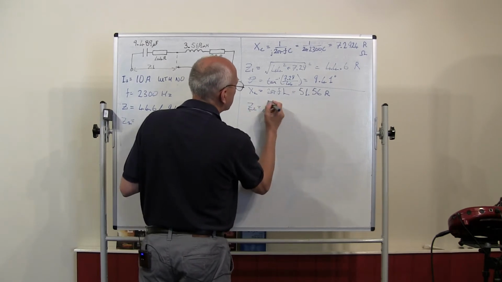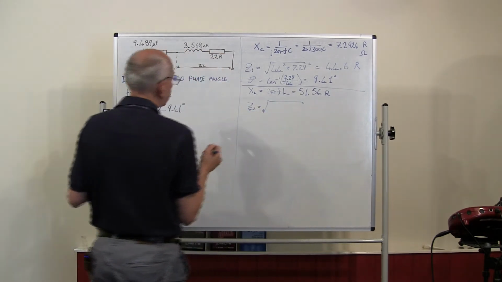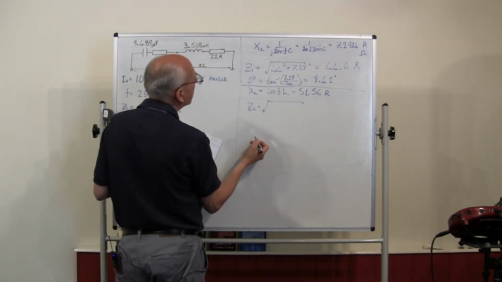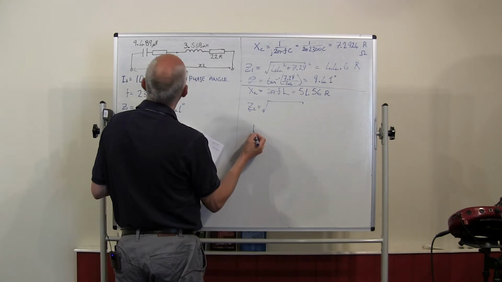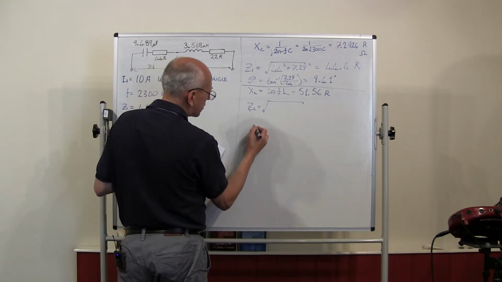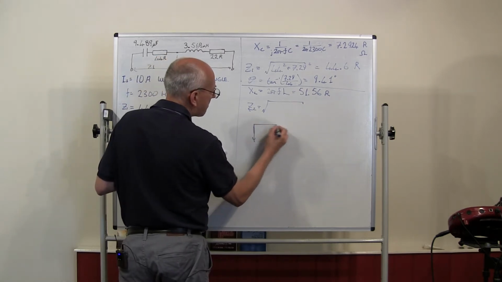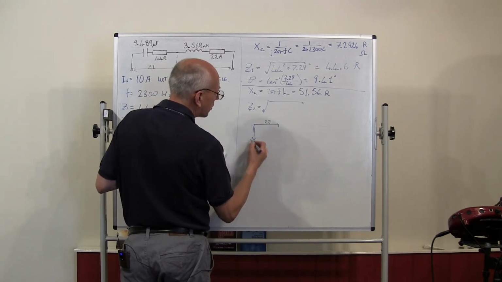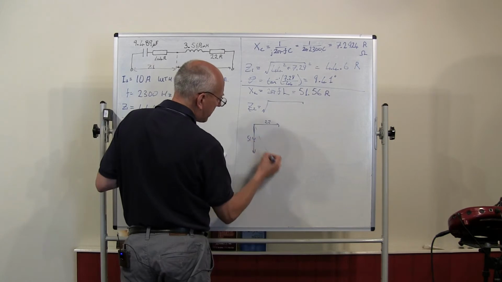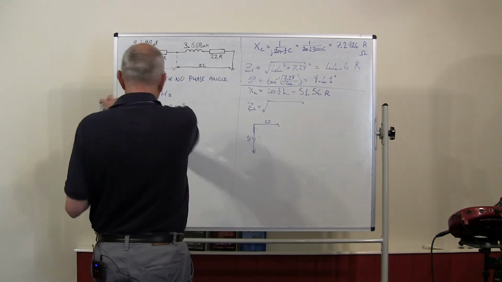Z2 will be the square root, so this is the inductor, so this would be trailing, so it goes along 22 and down 51. This is going to be quite a steep angle when we get the phase angle there.